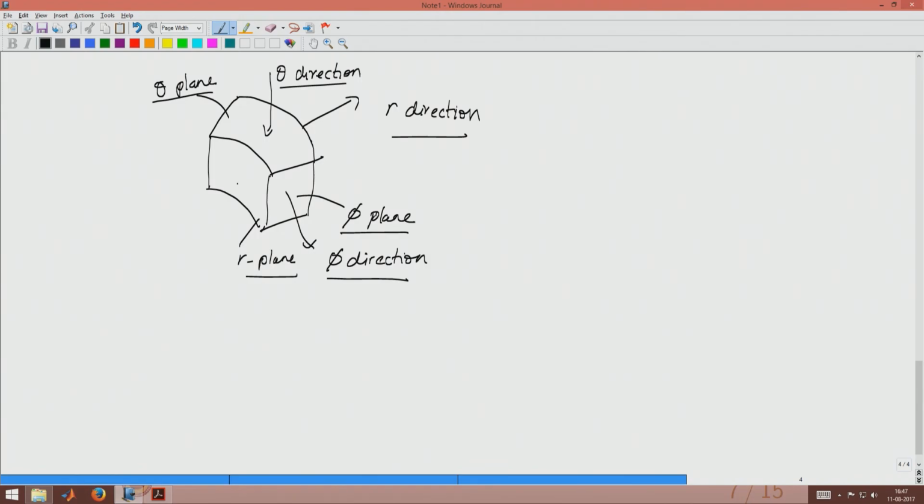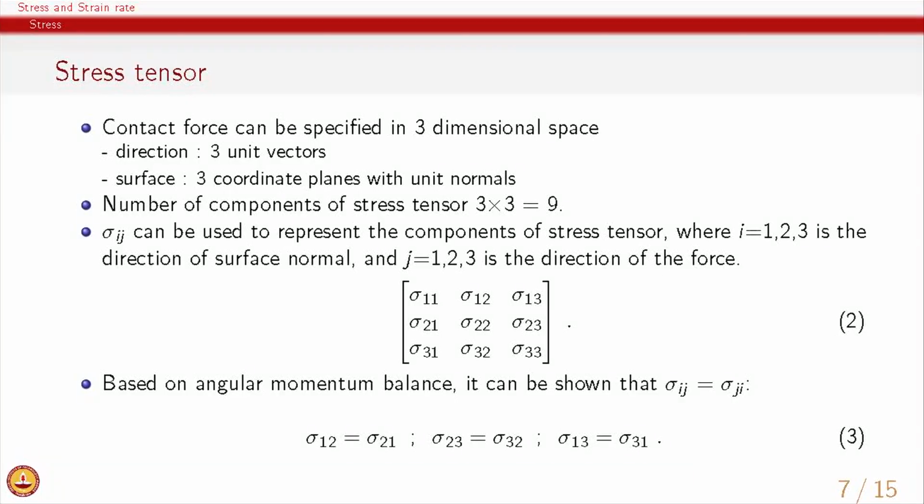The question you can ask yourself is, where will sigma r be, for example. As we said, there are two indices, one indicating the surface and one indicating the direction of force. Just to go back, the first index indicates the direction of the surface normal.